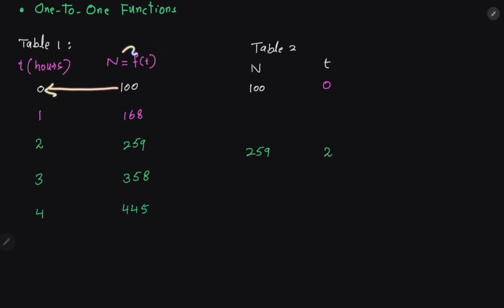So it means that if you need to find a time t, then that problem becomes f inverse n. So the table 2 is the inverse function of f. So t becomes f inverse n. So table 2 is an example of inverse function.